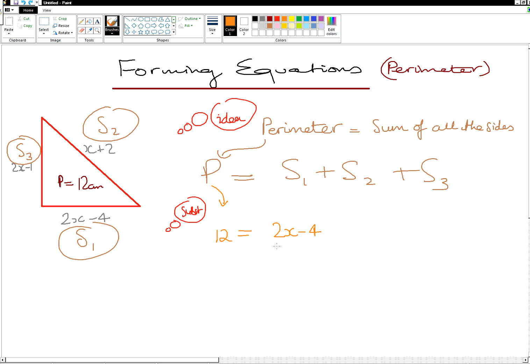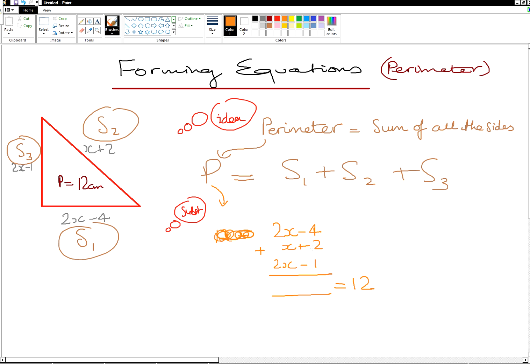So 2x minus 4 on side 2 is x. And side 3 is 2x minus 1. If you add up all these, the answer should give us 12. Add them all up, that will give us the perimeter.